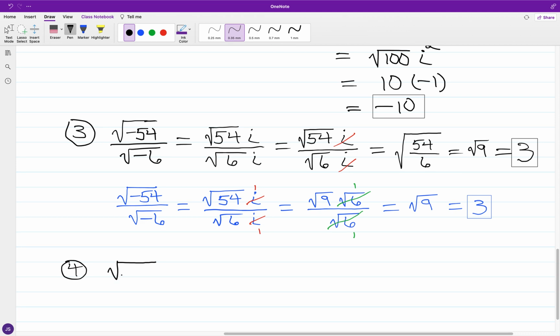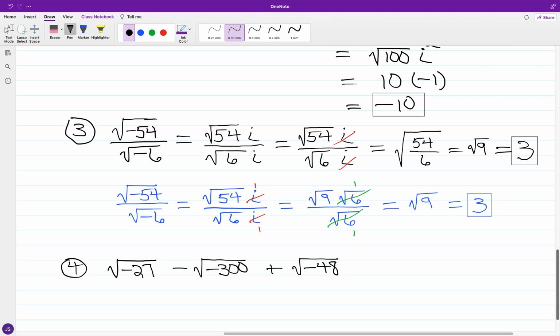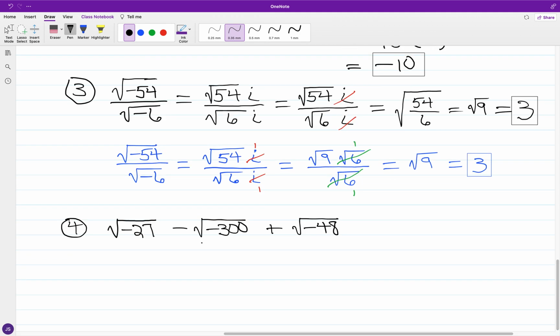And let's say we have something like the square root of negative 27, minus the square root of negative 300, plus the square root of negative 48. So you've got the square root of negative 27 minus the square root of negative 300 plus the square root of negative 48.